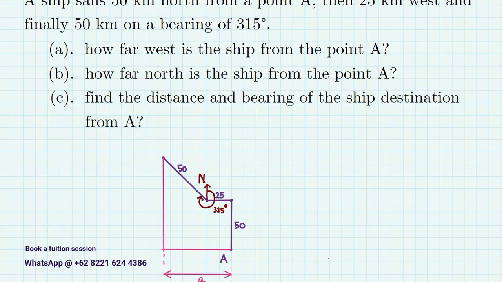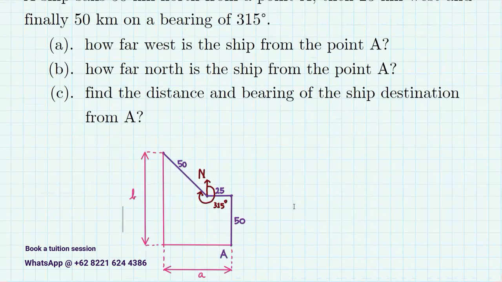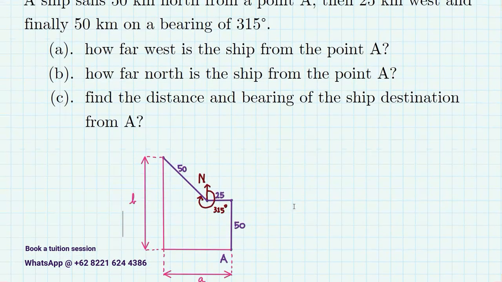Right, so this is the horizontal distance. And for part B, it's going to be the vertical distance. So how far north is just this vertical distance. We're gonna solve part C later on, but let's start by solving part A first.